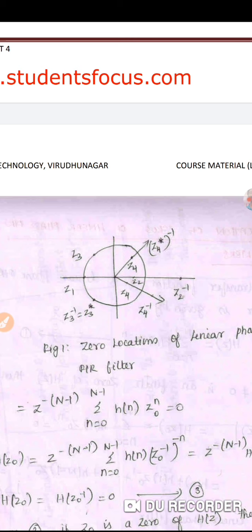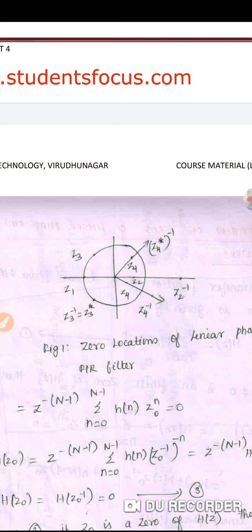Then if you consider z3 as a complex zero, that is a plus jb, which lies on the unit circle, |z| equal to 1, then z power minus 1 is nothing but z3 star, the conjugate of z3, that is a minus jb.